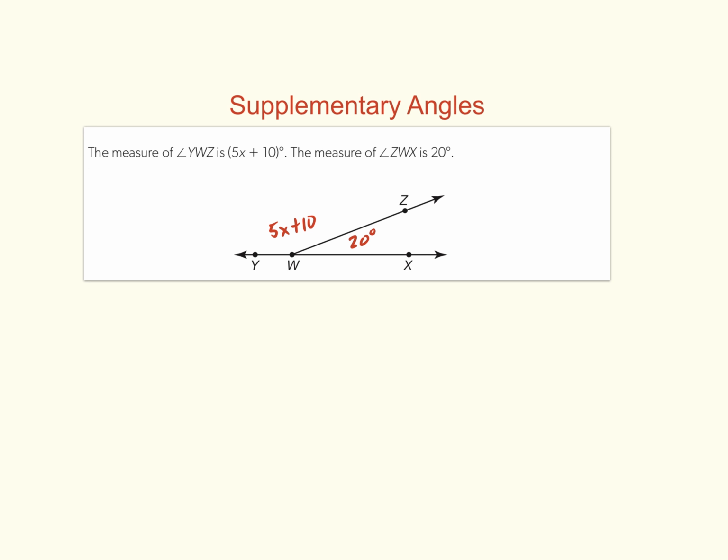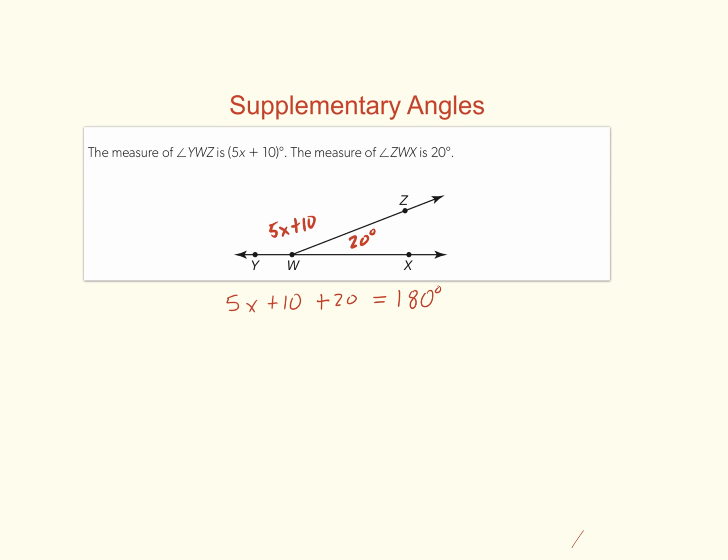Now, to find the measurement of angle YWZ, we actually need to find what X is. Okay, so we're going to set up an equation, and it's going to be 5x plus 10 plus 20, because they are supplementary, they are on the line, is going to equal 180.